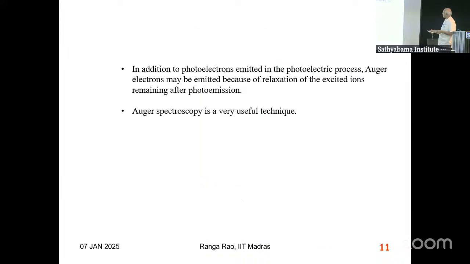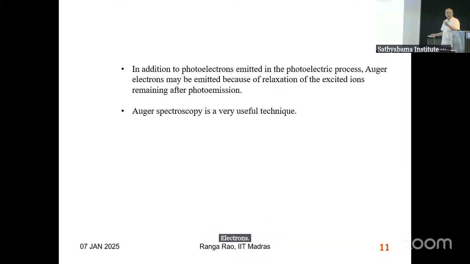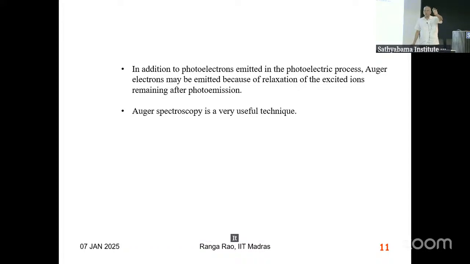Now, in addition to photoelectrons that are emitted in the photoelectric process, you also get something called Auger electrons. Because when the photoelectron is removed, the atom is excited, it is not stable. It tries to come back to the ground state.